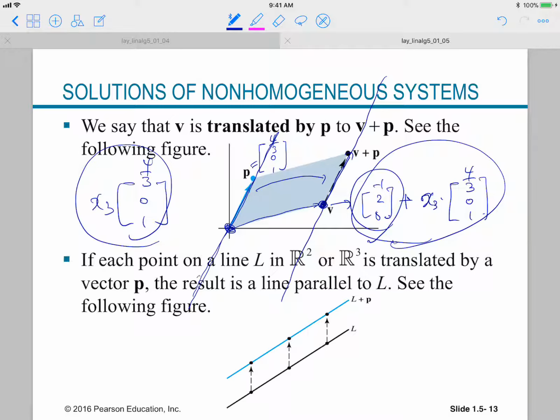That kind of parallel movement of a particular line, or maybe some other curve, is called a translation. So what is this translation called in Korean?